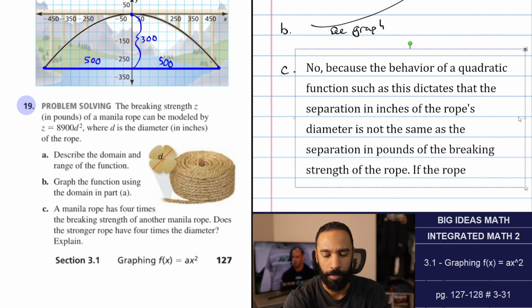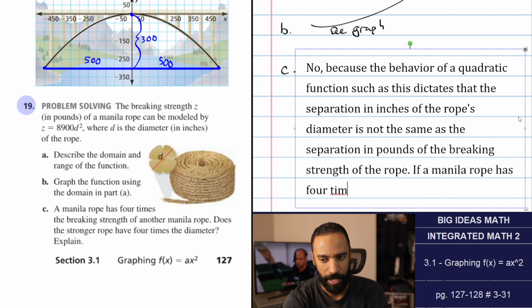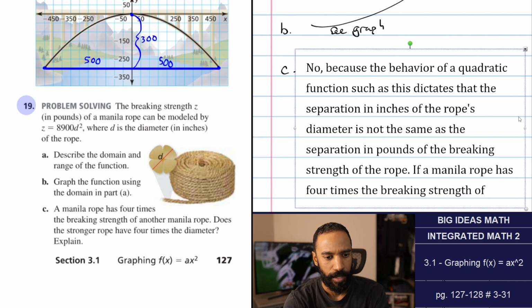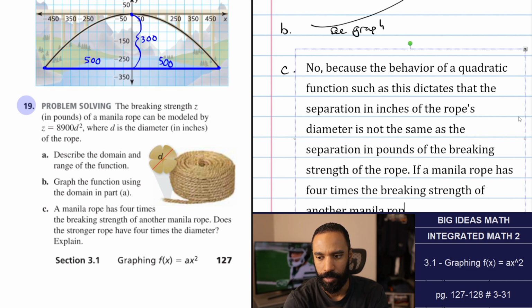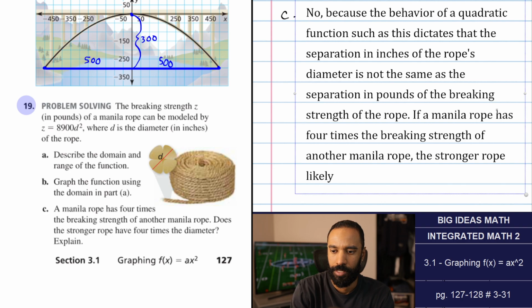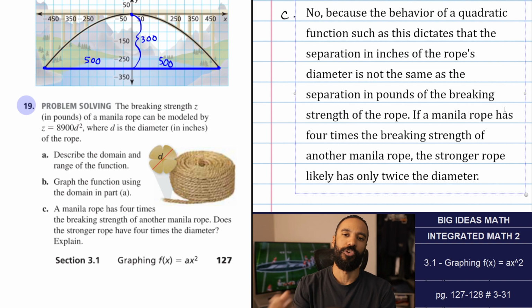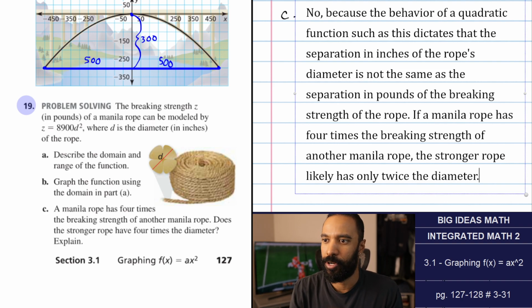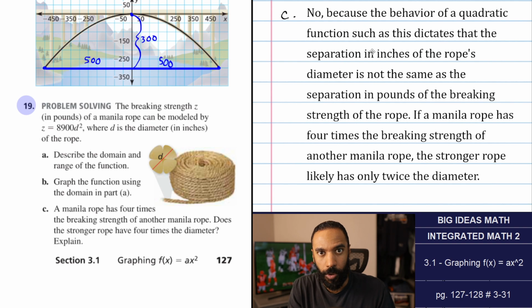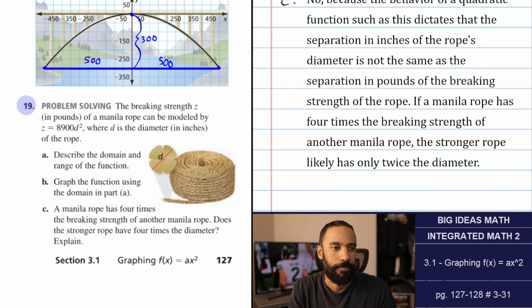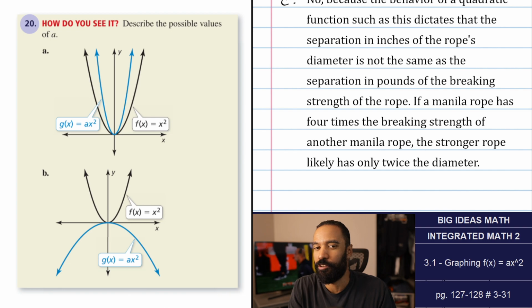If a manila rope has 4 times the breaking strength of another manila rope, the stronger rope likely has only twice the diameter. Again, 2 squared is 4. That's why. Double the diameter, quadruple the rope strength, the breaking point. Okay. Now, I don't know if you have to mention all that, but I'm mentioning it for you so you can learn it.